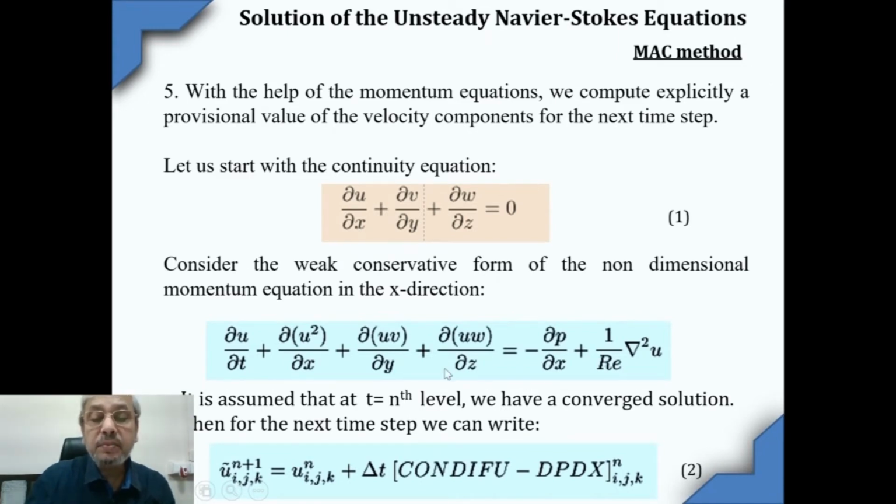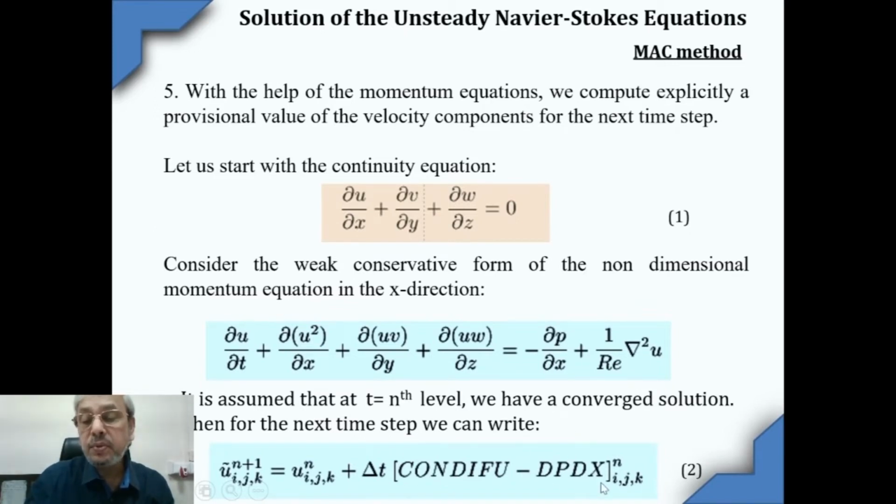Now among these terms, the first three terms are convective terms, and terms associated with 1 by Re are diffusive terms. So delta t into convective and diffusive terms of the u momentum equation, that is why we have written condiff u minus del p del x.